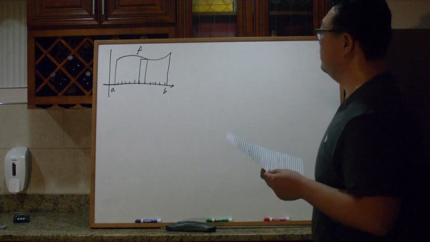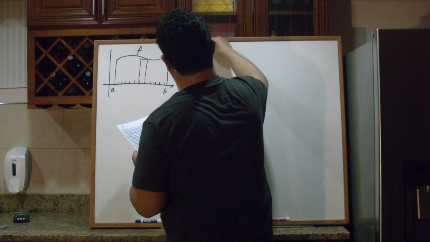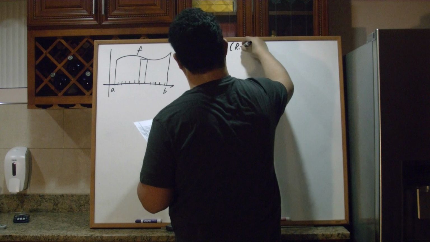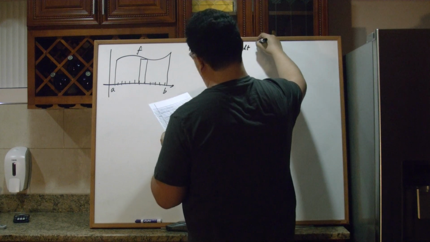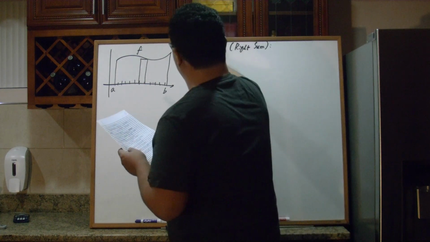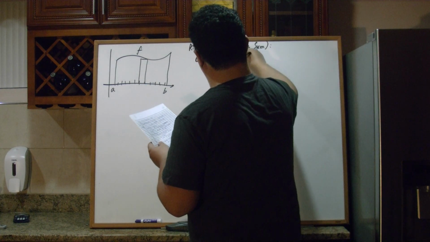The Riemann sum idea is that the right sum is used in different subintervals.